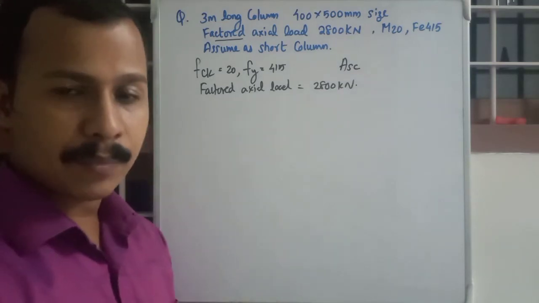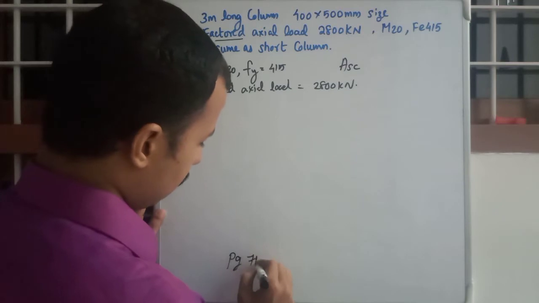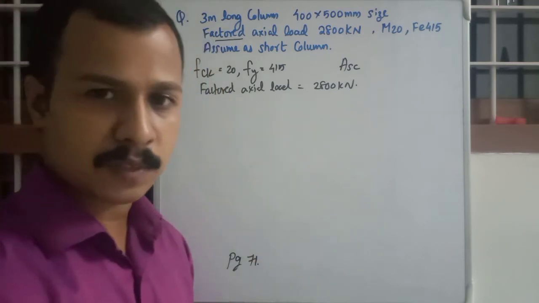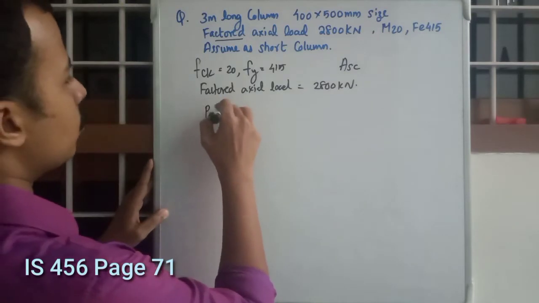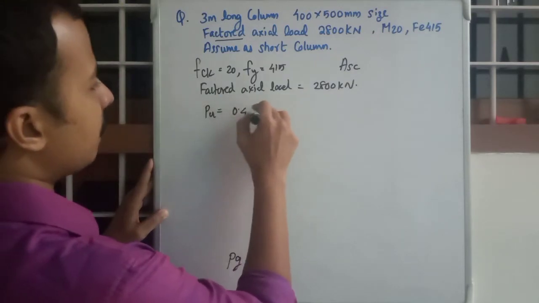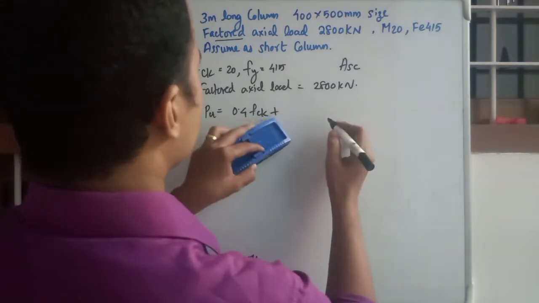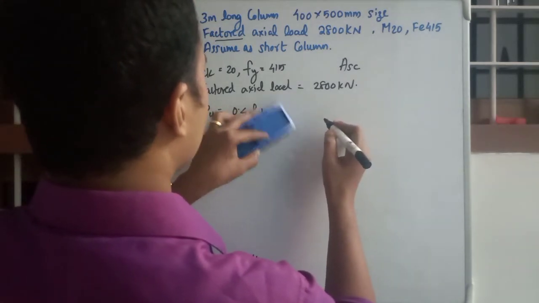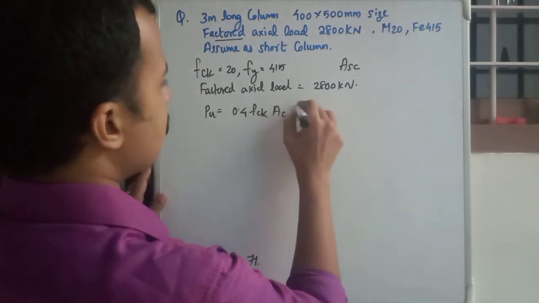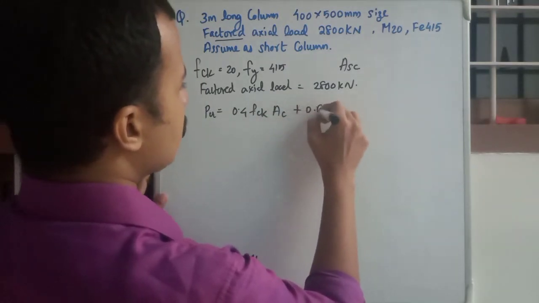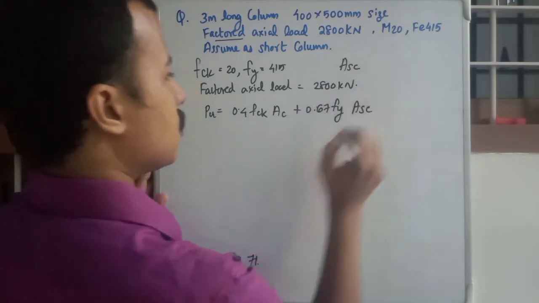For that you have page number 71 in IS 456, refer. We have an equation: Pu is equal to 0.4 fck Ac plus 0.67 fy Asc.